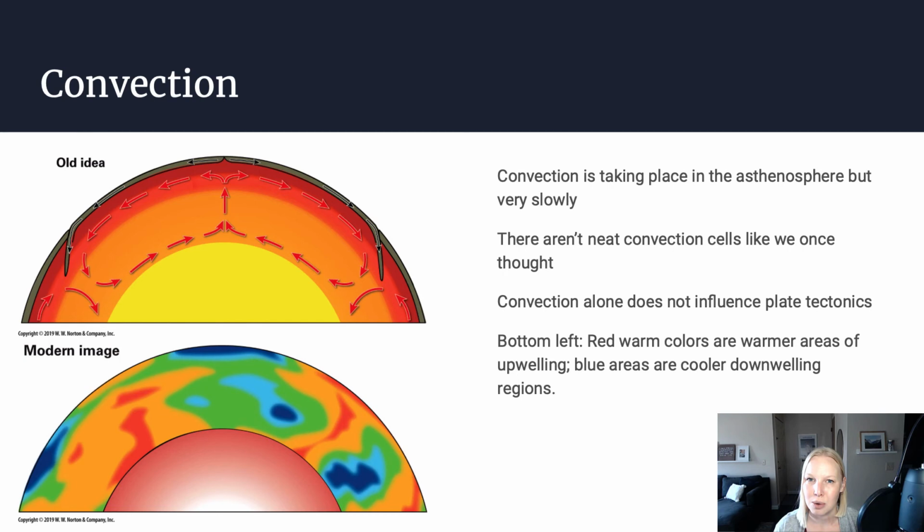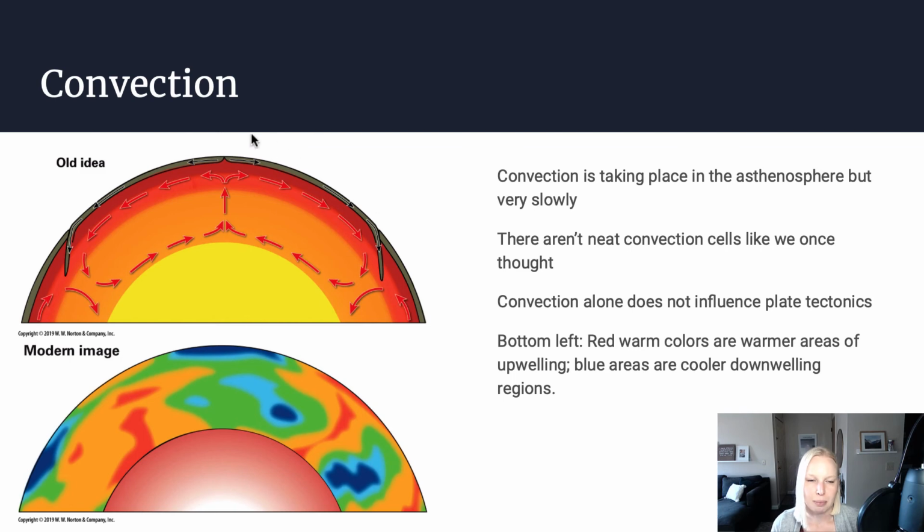What's happening is you have a heat source at the bottom that is heating up the water. The hot water rises to the top and the cold water sinks to the bottom, and you get what we call convection cells. This is what we thought was happening in the asthenosphere, and it is to an extent, but it doesn't really create these nice little neat convection cells that we used to think were existing in the asthenosphere. It's a little bit messier than that.